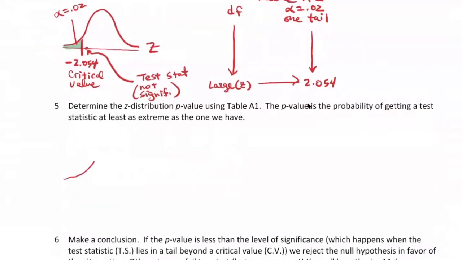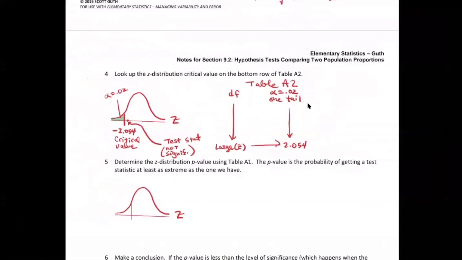Let's draw a little bell curve here. No, they're not very good. And our test statistic is a little bit to the right of the critical value. This was a negative, what was the test at?